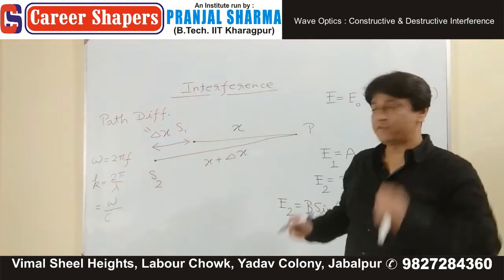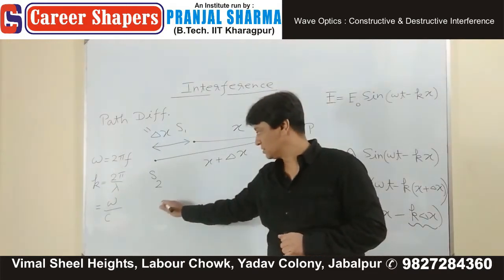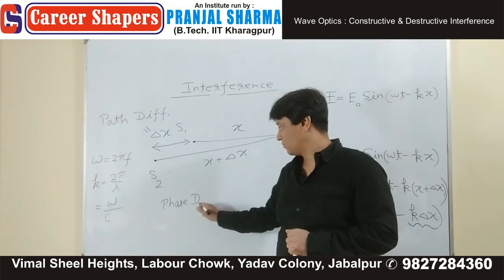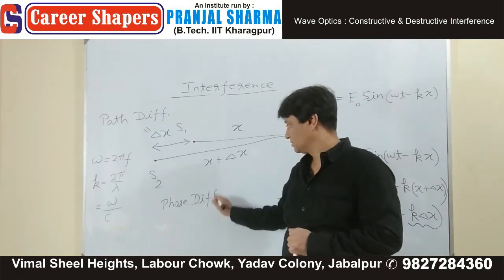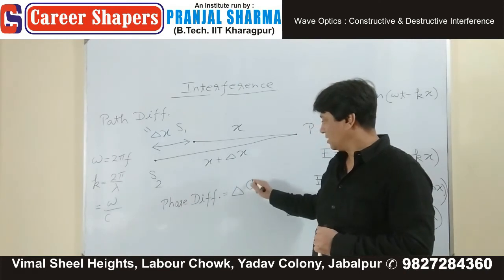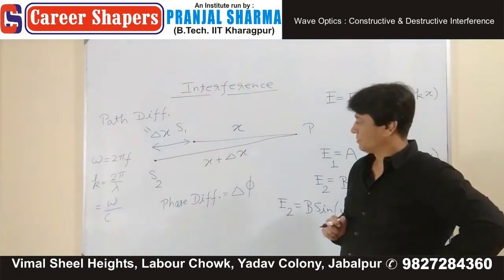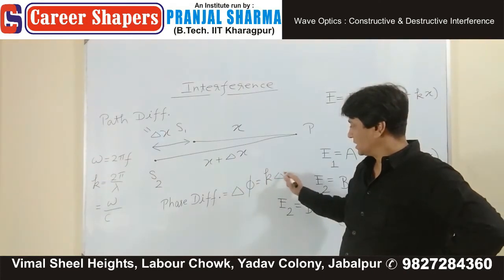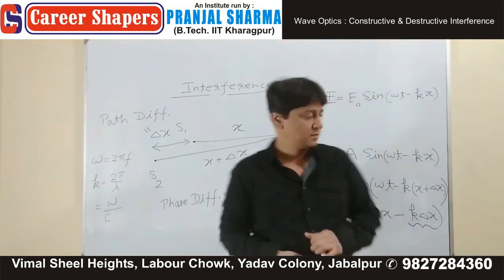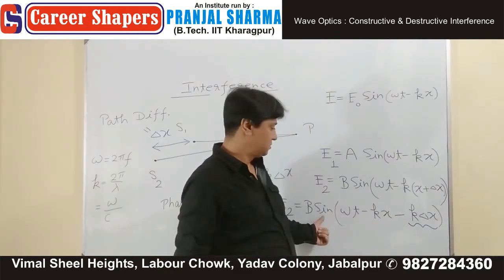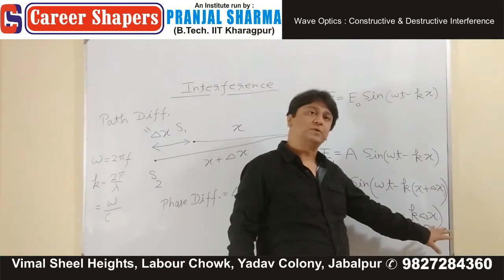And how do you define phase difference? For phase difference, we write delta phi. And delta phi comes out to be k times delta x. The negative sign is simply telling you that E2 is behind by this much.